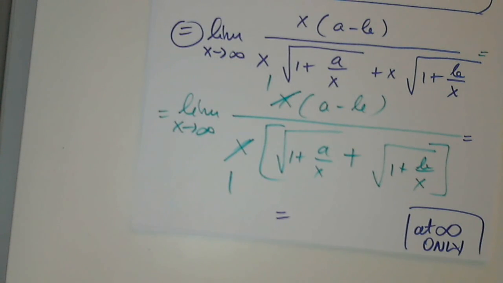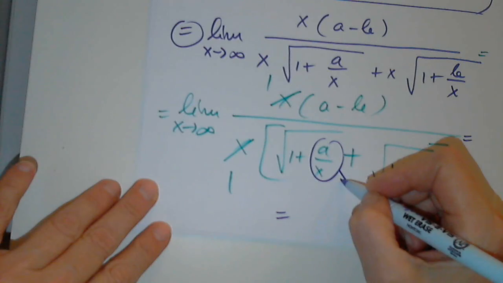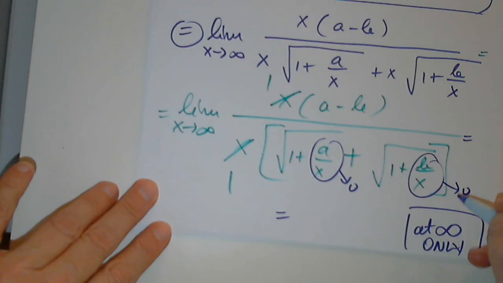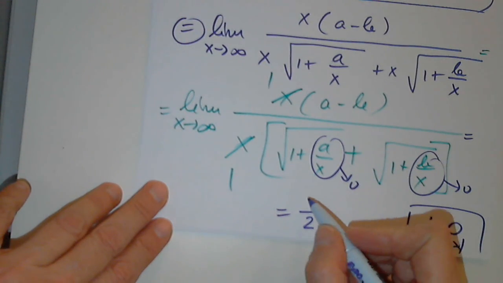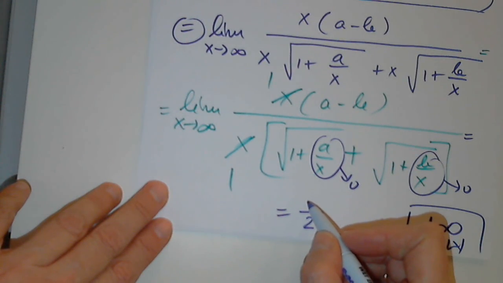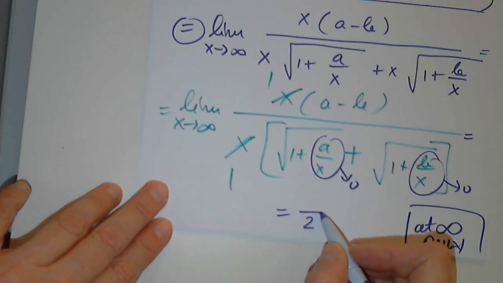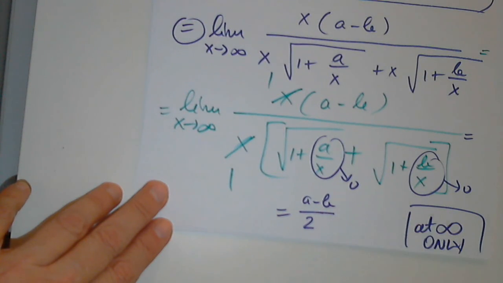Okay, so when x approaches infinity, where does this go? 0. Where does this go? Where does the denominator go? 1 plus 1. Yeah. Where does the numerator go? a minus b, of course.